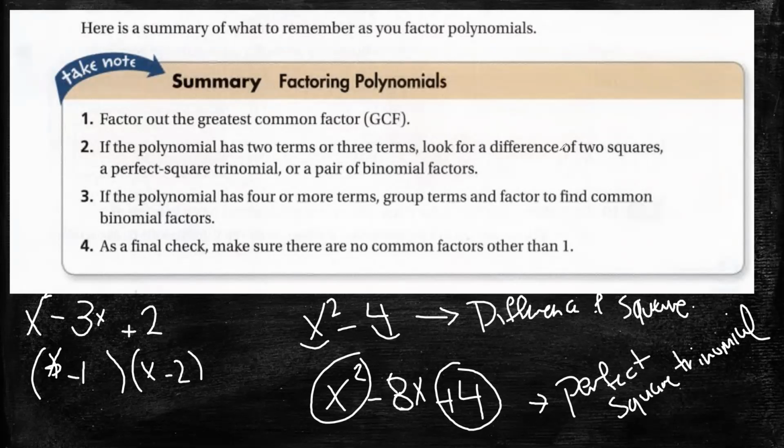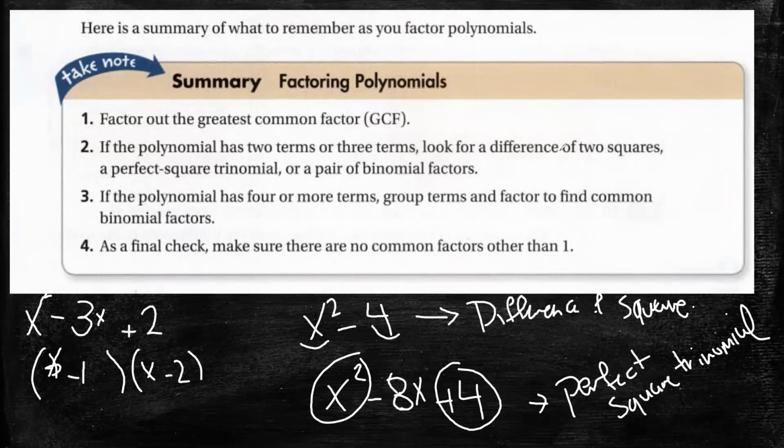We must list the factors of 2, then choose the pair of factors that if you add them, you get 3. If the polynomial has 4 or more terms, as we learned today, you have to group the terms into pairs and then factor to find the greatest common binomial factor.